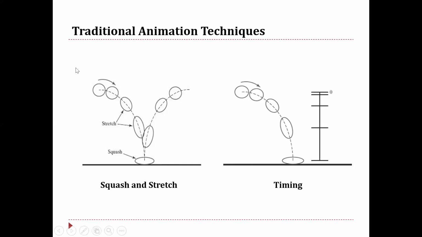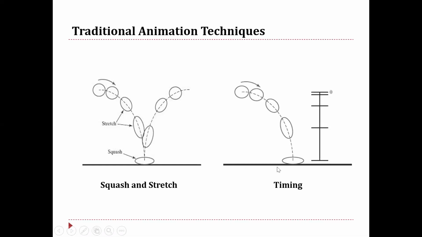If you can see, the ball initially, as it accelerates, changes its shape, then it squashes. That means it is changing its direction, and then goes back in the same direction and moves up and takes its original form. This technique, we call the squash and stretch.